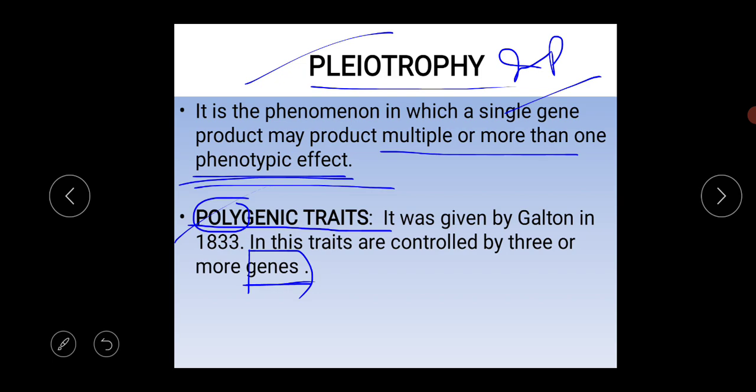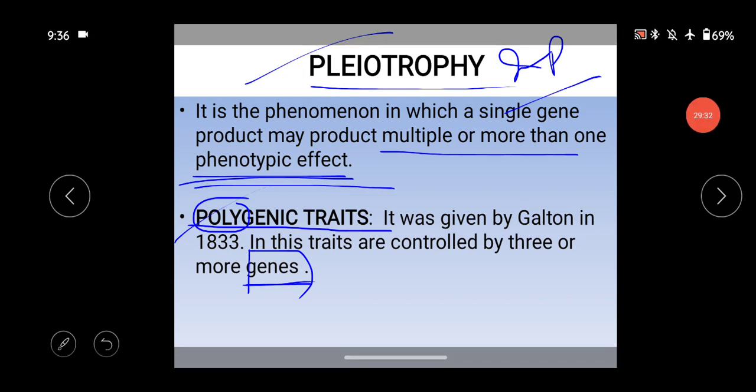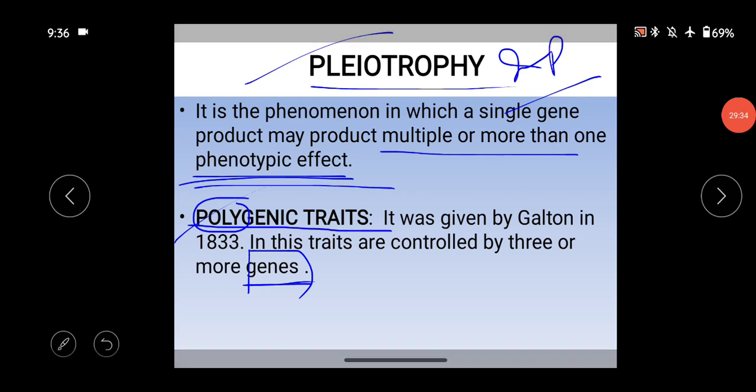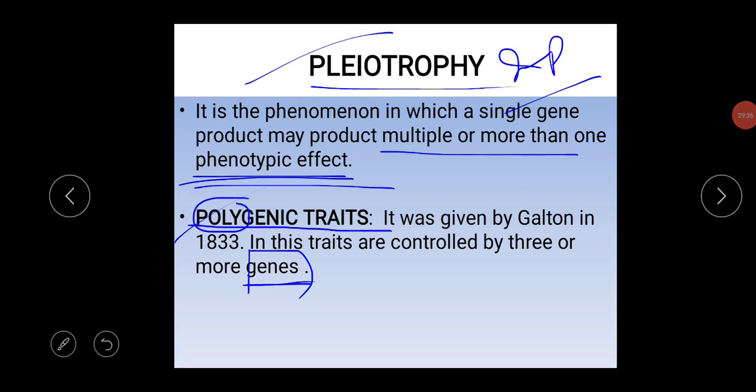That is why the trait is skin color. Human skin color is one character, but it is controlled by 3 or more genes. This is one basic example of polygenic traits.